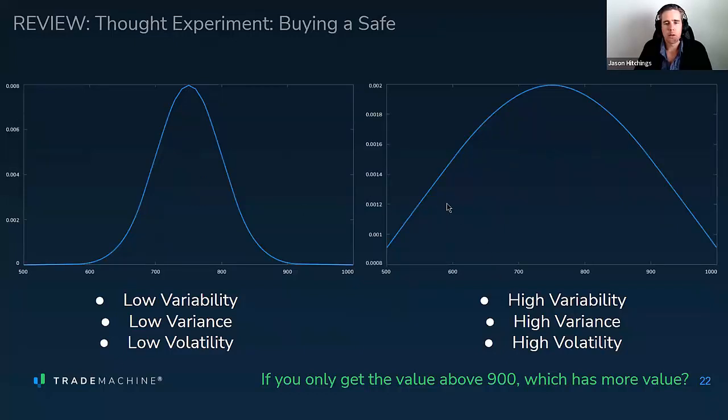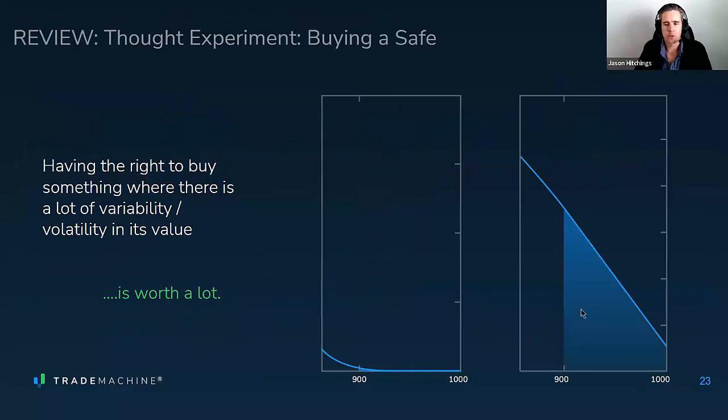So which one would you want if you only get the value over 900? And pretty clearly you'd want the one on the right. There's just more area underneath this curve. And as we're all probably aware, volatility in the options world makes the asset more valuable because it captures a wider range of possibilities.